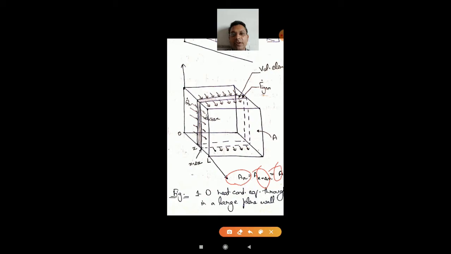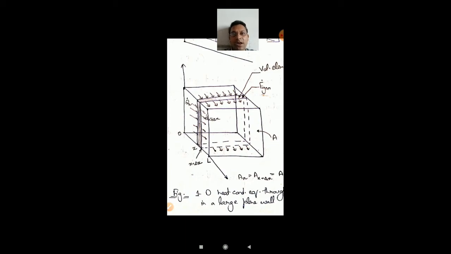So here I have put a constraint that the area is constant. In the general case, the area may not be constant. Moreover, I am considering an isotropic material, and density is constant, specific heat is constant. That means the density of the material does not change with temperature, and specific heat also does not change with temperature.